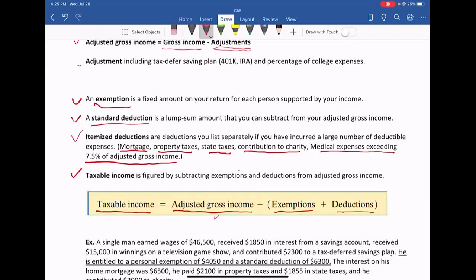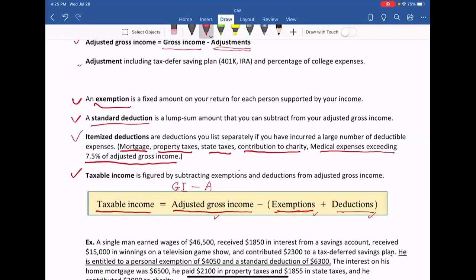Adjusted gross income, we have learned, equals gross income, use GI to represent gross income, subtract adjustment like some tax deferred saving plan. And exemptions, we can find from the tax table.